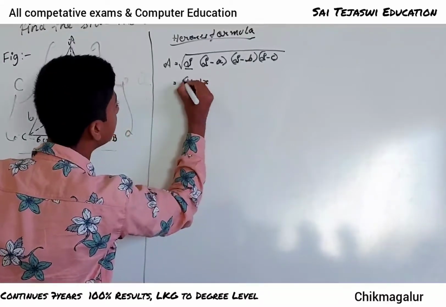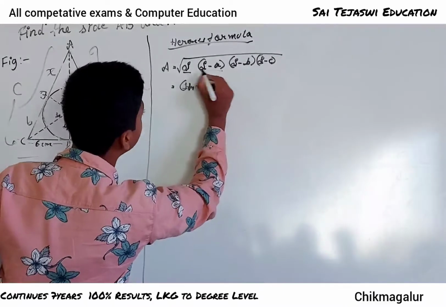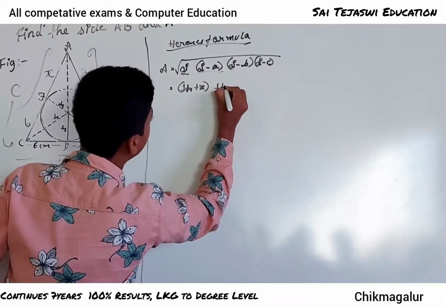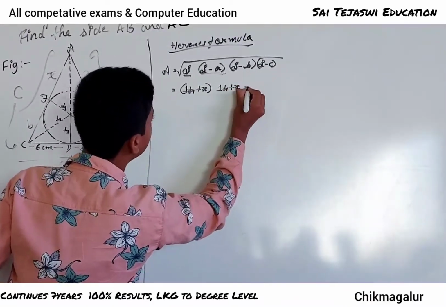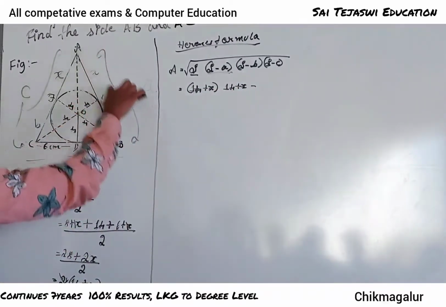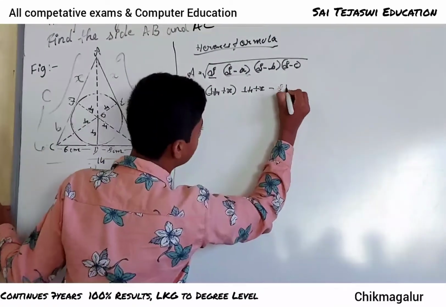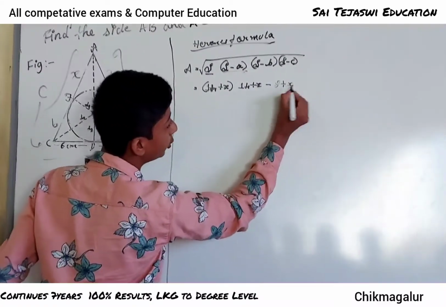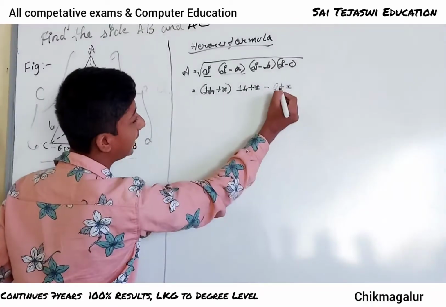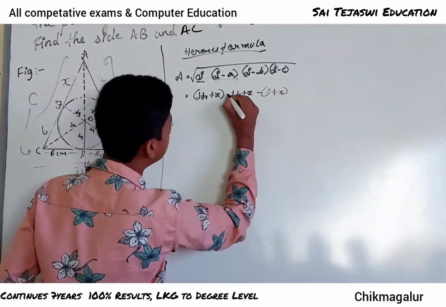We should always put it in brackets if we multiply. Again S minus A, so we take 14 plus x, minus, and the A value, which we found is 8 plus x. As there are two terms, we should not write it directly, so we apply the bracket, which means multiply.